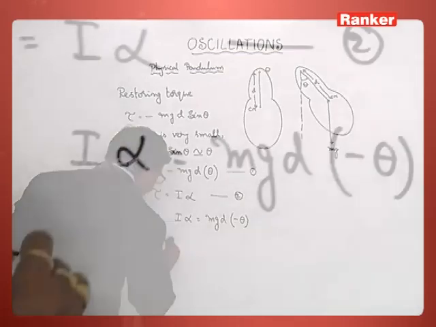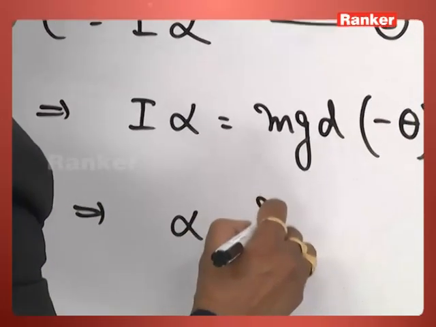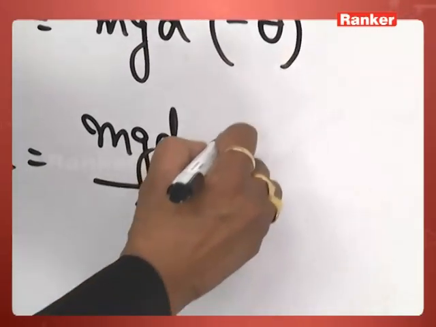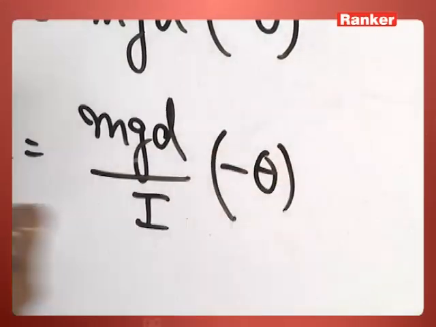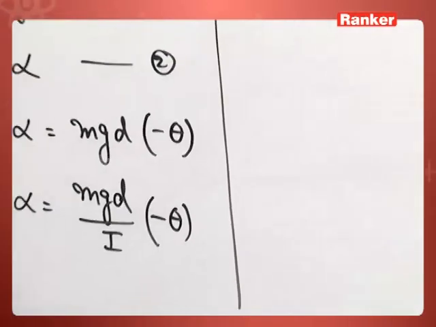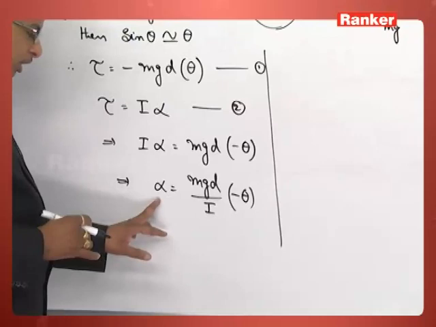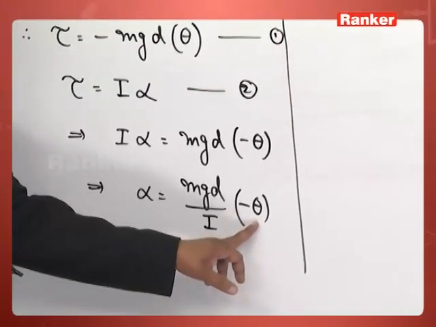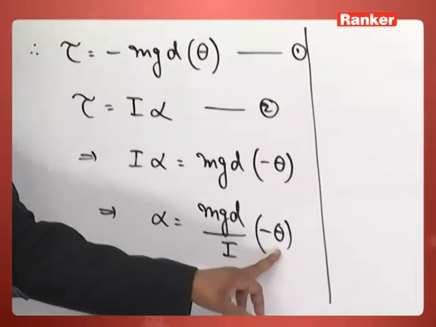In other words, alpha is equal to mgd by I into minus theta. In fact, we can directly understand that angular acceleration is directly proportional to angular displacement in the opposite direction.